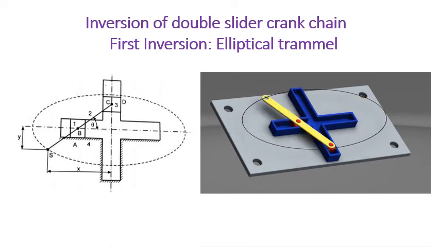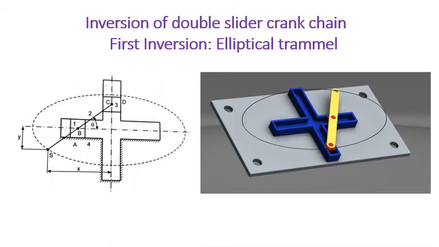This slider is link number one. This bar is link number two. The second slider is link number three, and the frame is link number four. This instrument is used for drawing ellipses.